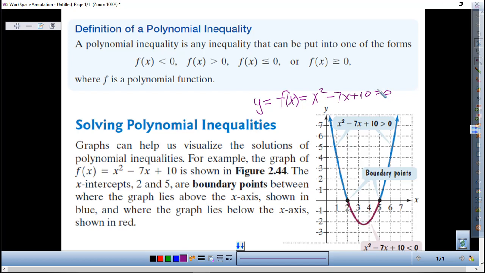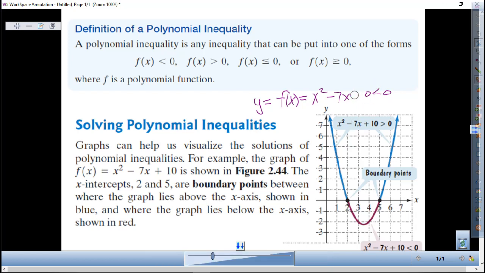Where is it less than 0? If this was less than 0, then it would be below the x-axis. So if we can solve a polynomial inequality where we're greater than 0 or less than 0, it's a little easier to visualize and see what we're talking about.